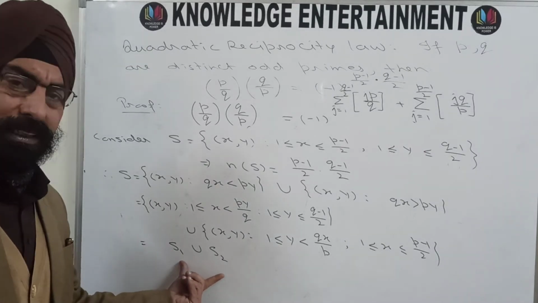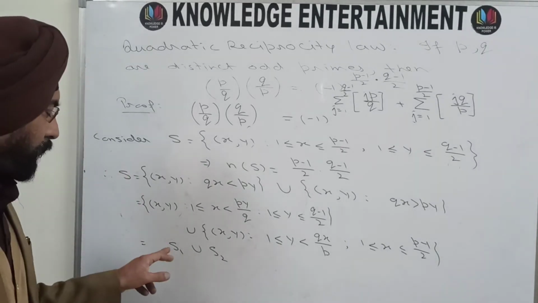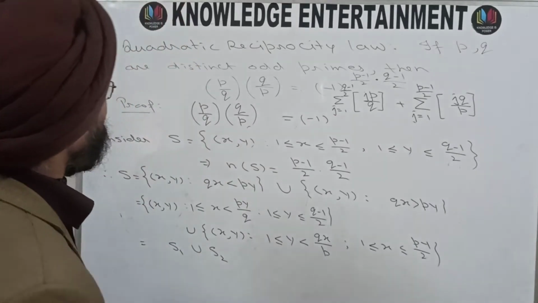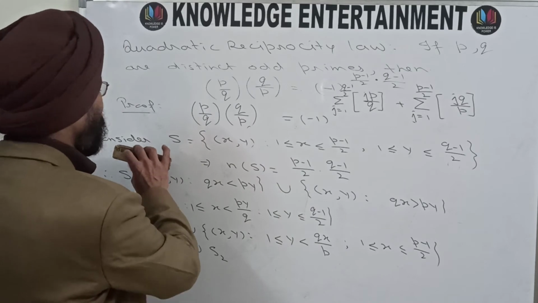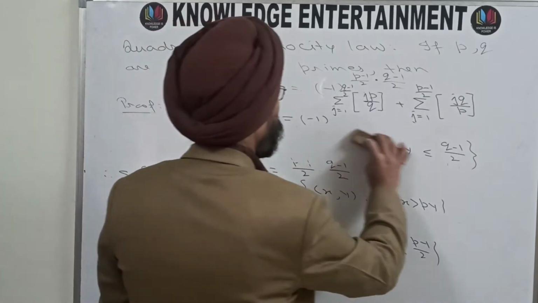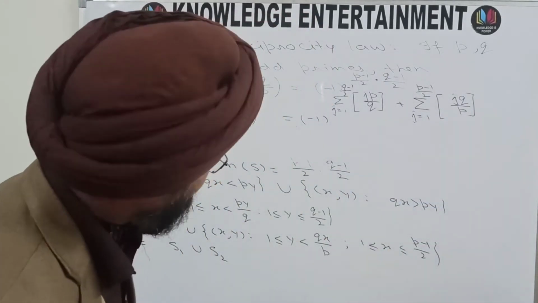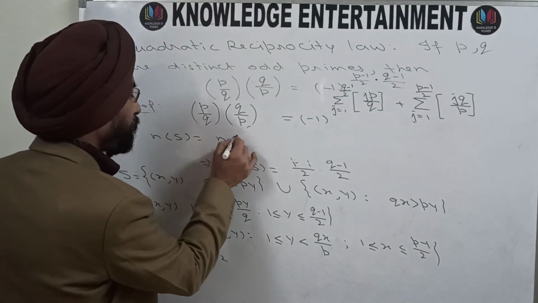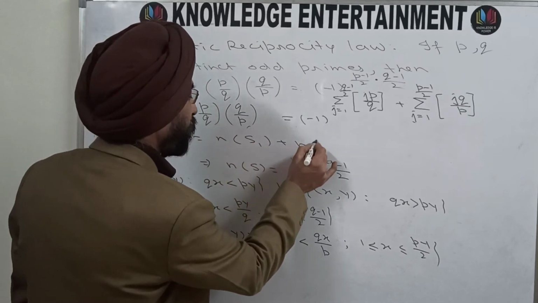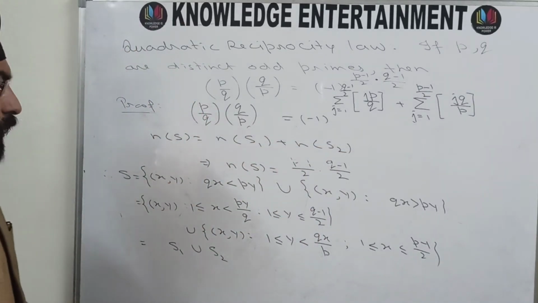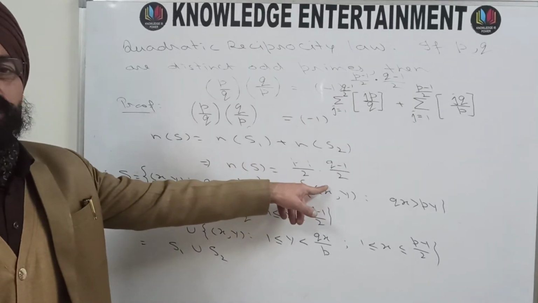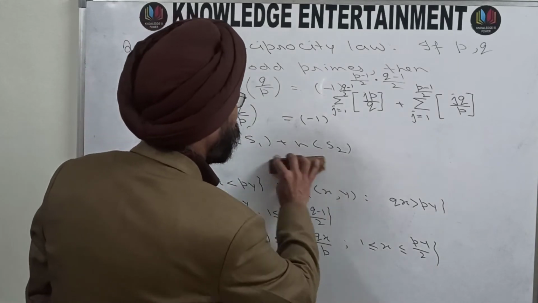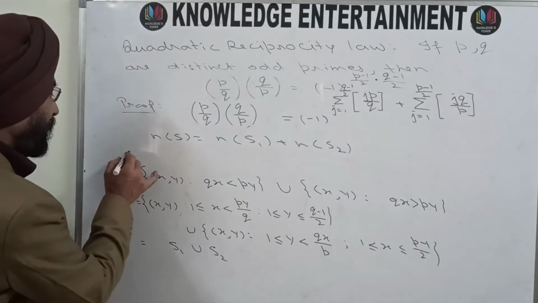If there are two disjoint sets whose union is S, then the number of elements of S1 plus the number of elements of S2 is equal to the number of elements of S. So the number of elements of S is equal to the number of elements of S1 plus the number of elements of S2. The number of elements of S is (p-1)/2 into (q-1)/2.